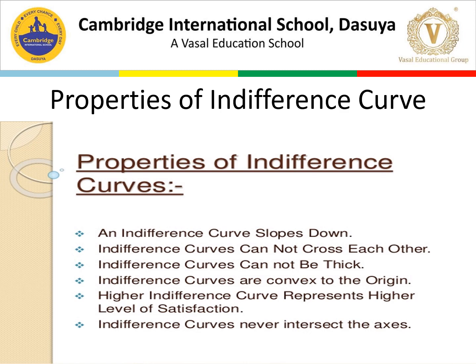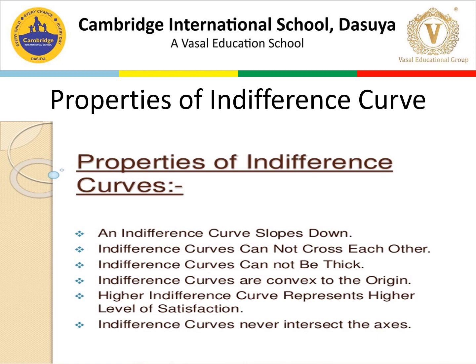We have already discussed this earlier. What is the reason behind this? An indifference curve is convex to the origin because of the diminishing marginal rate of substitution. The marginal rate of substitution declines continuously because of the law of diminishing marginal utility. I hope this is clear to you. This we have already covered.